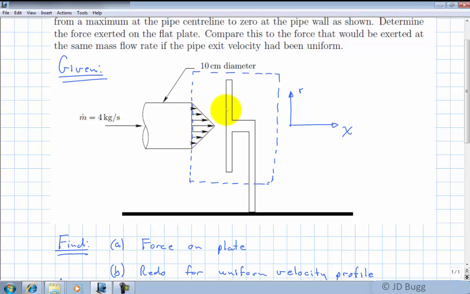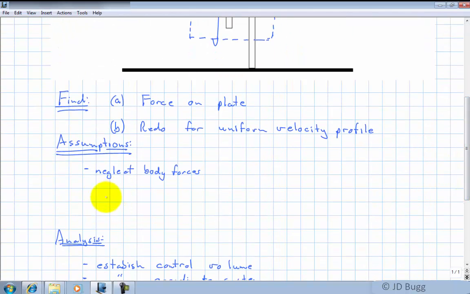The water, of course, is going to hit this deflector plate, and it's going to splash in all directions. So it's going to go up, it's going to go down, it's going to come towards us, and it's going to go into the screen as well. So it'll be spreading radially in all directions. So everywhere it crosses the control surface, it's going to be crossing perpendicular. So there's not going to be any shearing force on the control surface there either. So we can neglect shear forces. So no viscous shear.